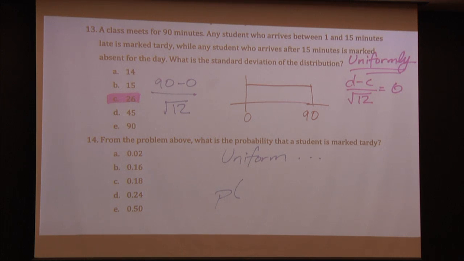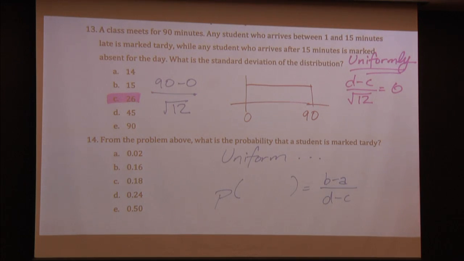So what's our formula for probability for a uniform distribution? So B minus A over D minus C. What does this look like specifically? Because it's the probability of them being marked tardy.